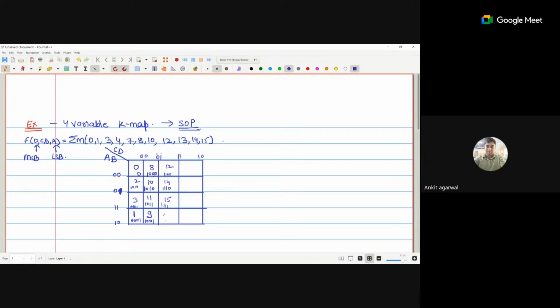This one 1 1 0 1, 13. This one 0 1 0 0, 4. 0 1 1 0, 6. 0 1 1 1, 7, and remaining is 0 1 0 1. Okay. Any doubt in this number representation?